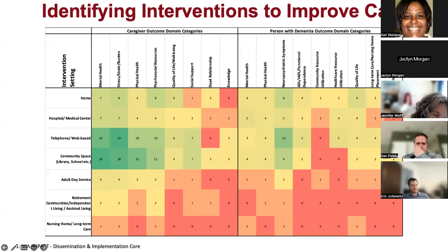This is a figure that comes from the NIA Impact Collaboratory Dissemination and Implementation Core, where they mapped out the different intervention settings that studies were published in, as well as the target outcomes. We used their scan of the literature to identify interventions that targeted behaviors, ADLs, IADLs, as well as nursing home placement.